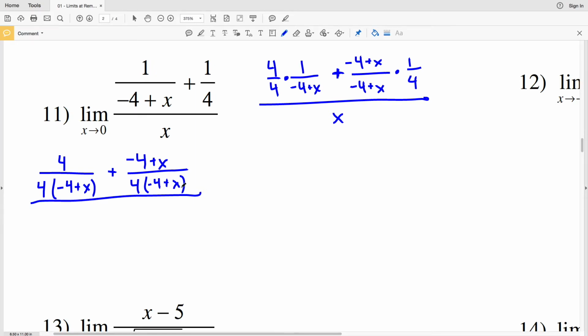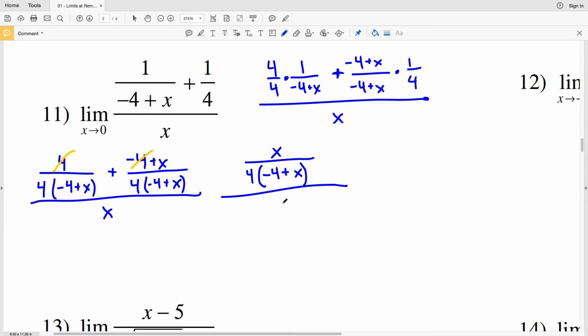And remember, this is all divided by x. Now I can simplify because I can add my numerators together. So 4 minus 4 is 0, so I'm left with x in my numerator. So I'll have x all over 4 times negative 4 plus x.